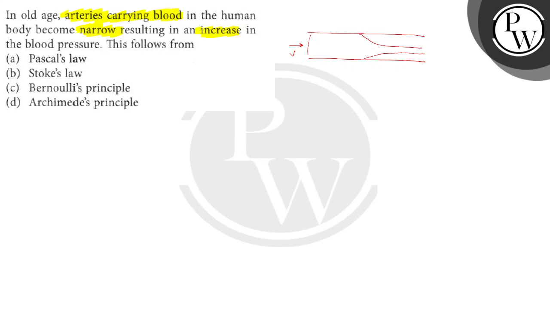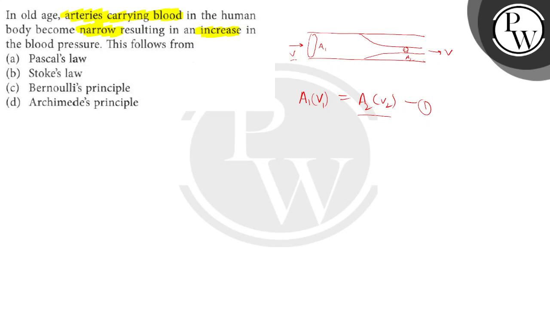So if the area of cross section here is A1 and the area of cross section here is A2, since the volume going in should be the volume coming out, the volume going in can be given by A1 into the velocity of the blood going in, which should be equal to A2 into the velocity of the blood going out. This is the first equation that we have, that A1 V1 should be equal to A2 V2, such that the volume going in and out is the same.